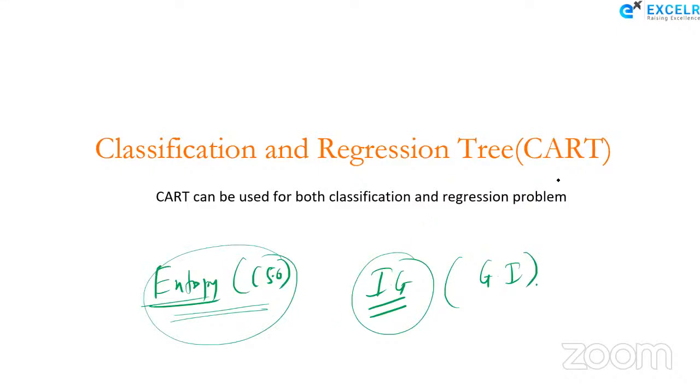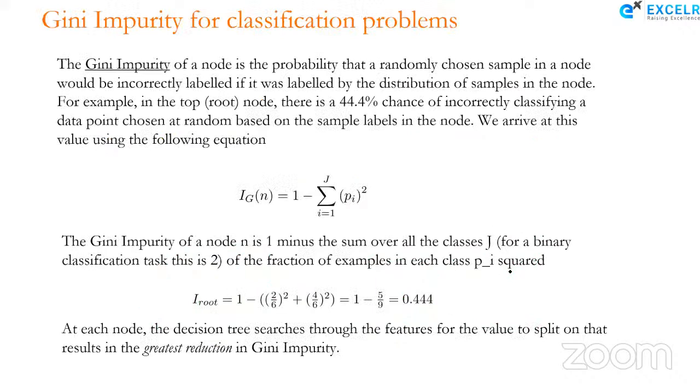Opposed to that, in CART, the logic applied is Gini impurity. Now, what is Gini impurity? In Gini impurity, let us say at a particular node, I have 2 no classes, and let us say I have 4 yes classes.